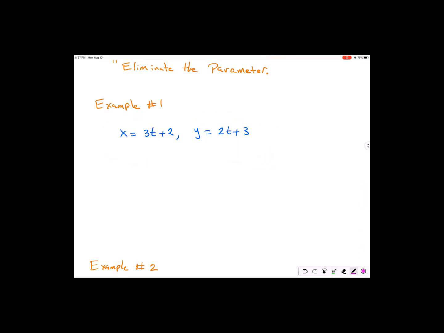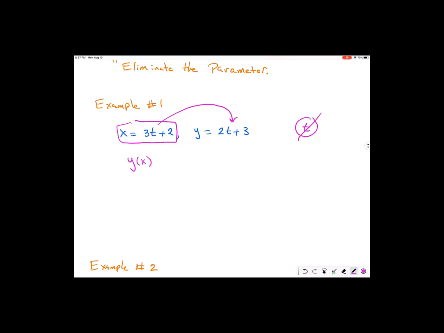So the thing that I always remember is I am trying to eliminate the parameter, so I'm getting rid of the t. That's the thing I want out. But I remember that I want things to be y as a function of x. So I'm going to take the x thing, solve it for t, and then plug that in for t.